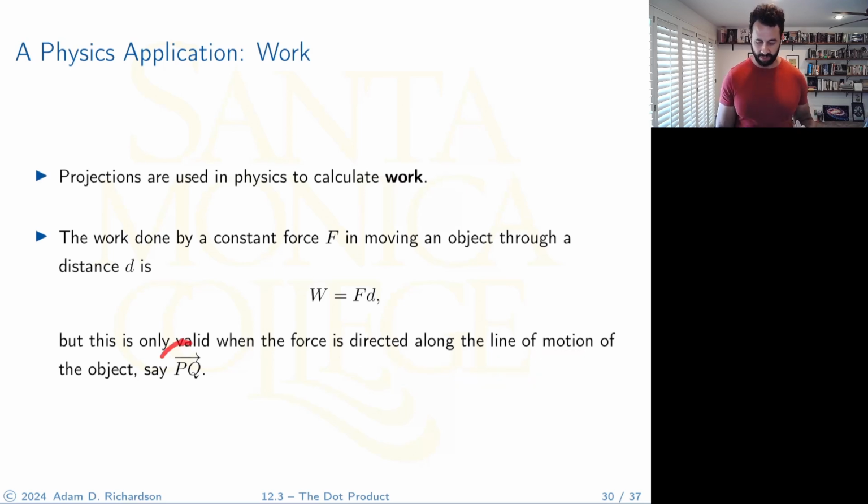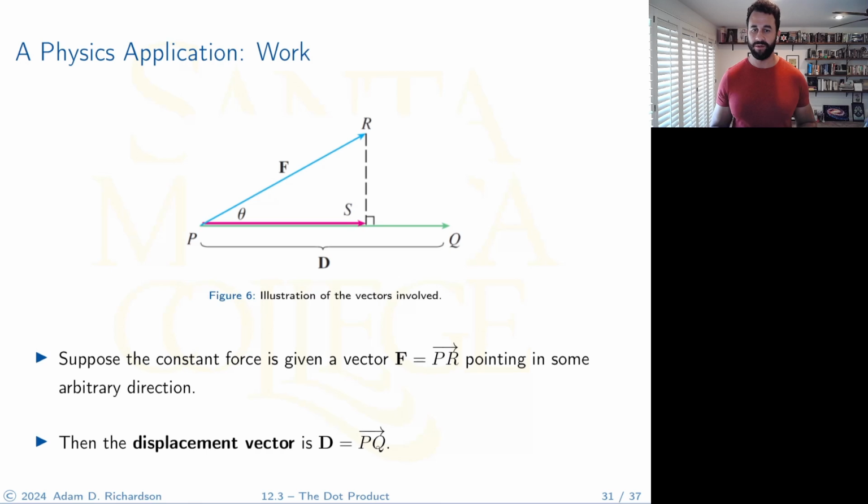So let's say the line of motion is given by the vector PQ. Here we go. Here's the vector PQ, which we're calling D, because this is giving us the displacement vector.